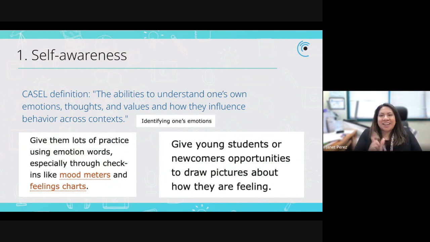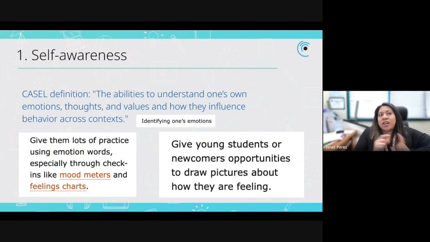What is one kind thing you can do for yourself today? And what is one kind thing you can do for another person? At the end of the check-in form, it asks, do you have anything else that you want to share with me? They know that's their opportunity to tell me if they had a horrible weekend or if something exciting happened to them. And so they get to write that.